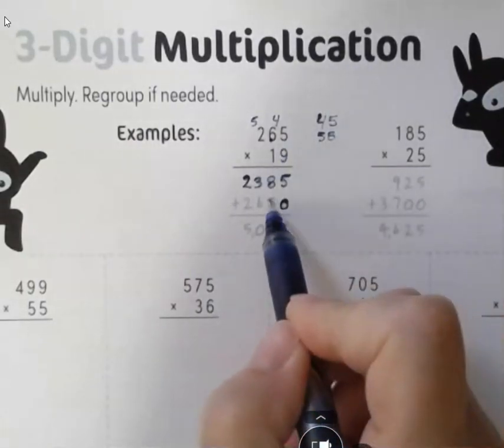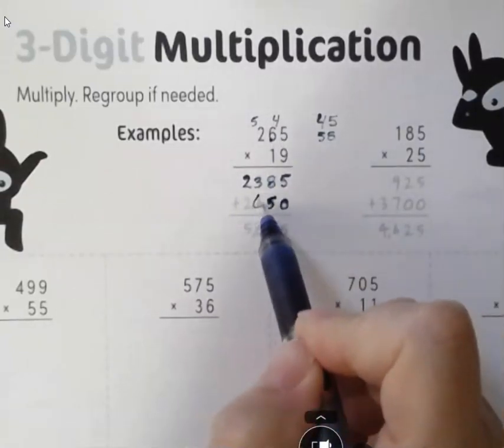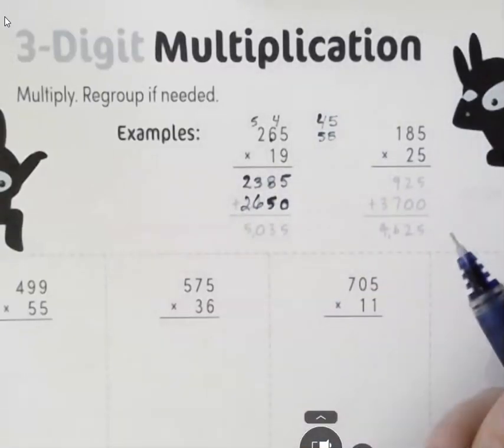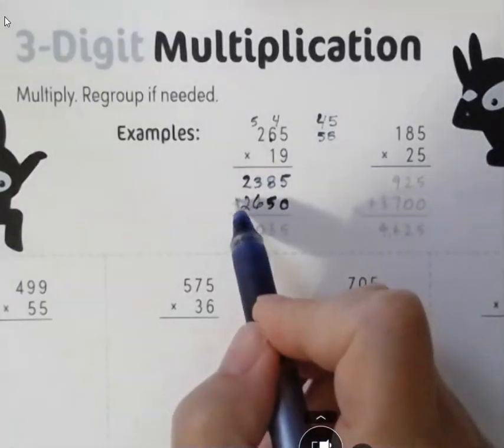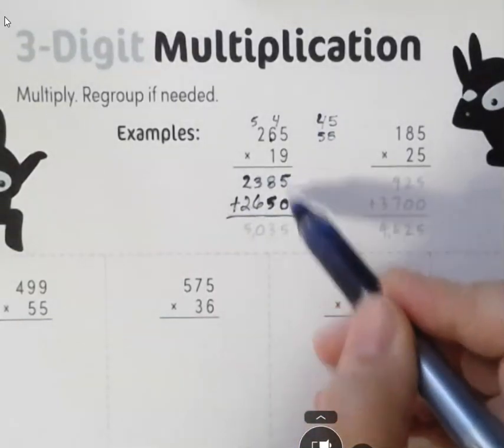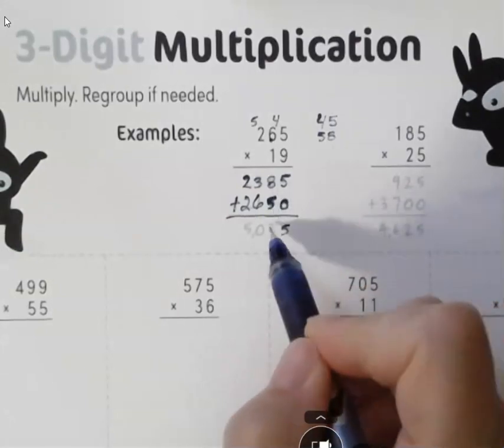1 times 5 is 5. Nothing to carry. 1 times 6 is 6, nothing to carry, and 1 times 2 is 2, nothing to carry. Now we're ready to add those 2 numbers together. So going straight down, 5 plus 0 is 5. 8 plus 5 is 13.